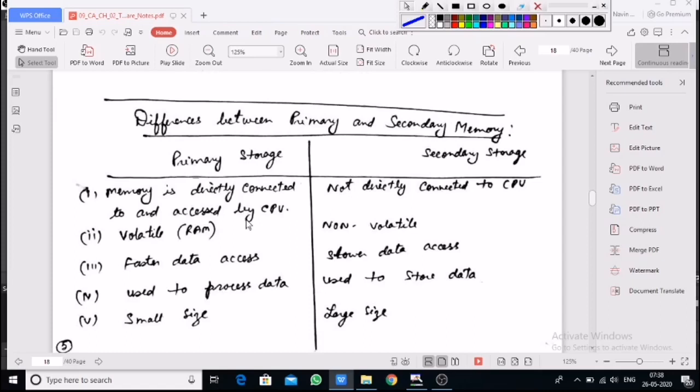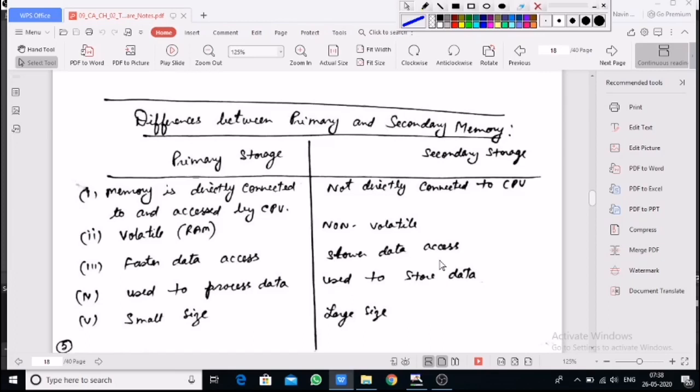Now next is the differences between primary and secondary memory. What is the difference? Now you can say that primary memory is temporary memory, but secondary memory is permanent memory. Primary memory is volatile and secondary memory is non-volatile, meaning permanent. Primary storage has faster data access, but secondary storage has slower data access.